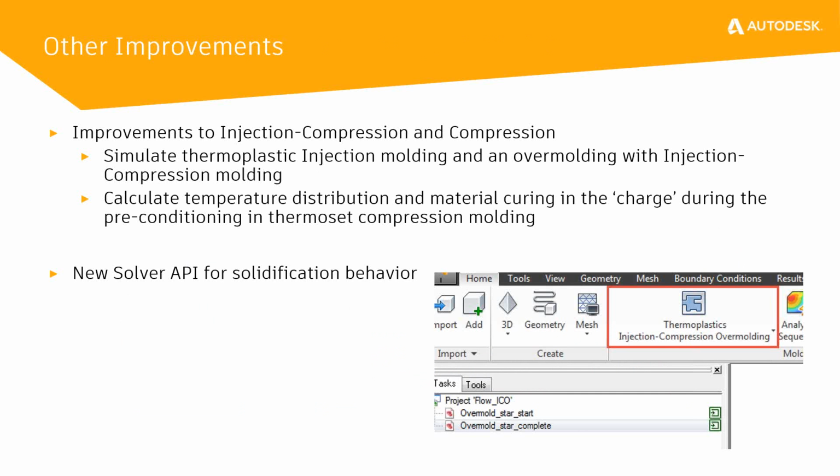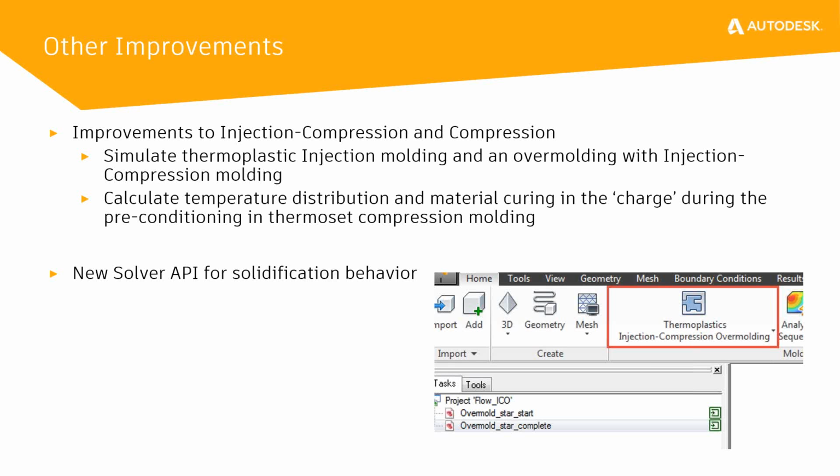The second enhancement on the compression molding side is that we also calculate the heating up of the charge while it's sitting in the mold before compression starts. A lot of times when you place a charge, it will sit there for a couple of minutes or a couple of seconds.